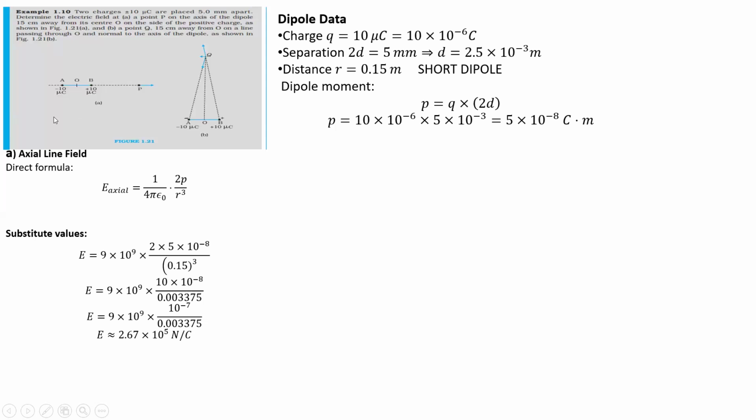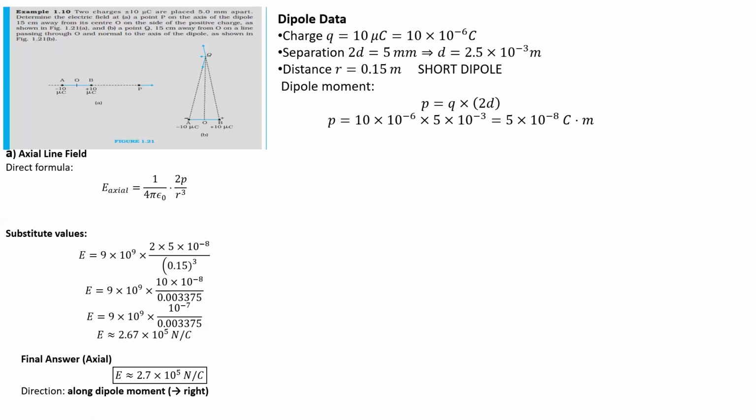OP value is given as 15 centimeter, convert to meter. So 0.15 whole cube. If you simplify, you get nearly 2.67 into 10 to the power 5 newton per coulomb. So the electric field along the axis is 2.7 into 10 to the power 5 newton per coulomb.